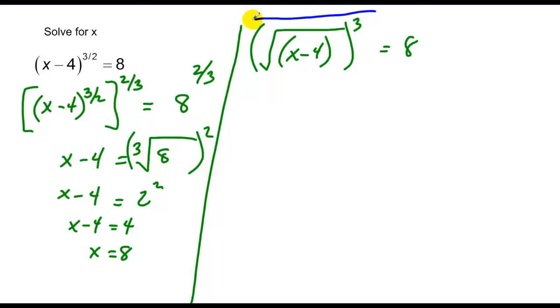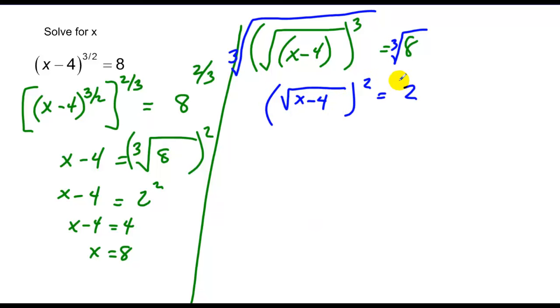So notice, I could cube root this side, cube root this side, end up with 2 is equal to the square root of x minus 4. Then if I want to undo a square root, I'd have to square both sides, like so. This gives me x minus 4 is equal to 4 and x equals 8.